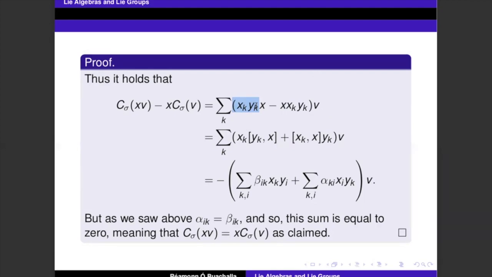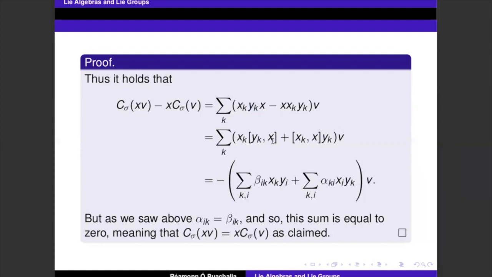Here, by abuse of notation, we're not explicitly denoting the representation, but we're now viewing these elements as living inside the endomorphism ring of the representation V. So this is really just matrix multiplication. Remember, a representation is a Lie algebra map from your Lie algebra into the general linear group of the representation. So you're going from an abstract Lie algebra into a concrete Lie algebra where the Lie bracket is just commutators. So now we're going to use the fact that it's a commutator to do this expression.